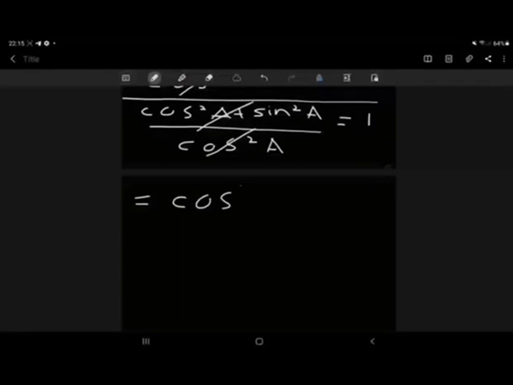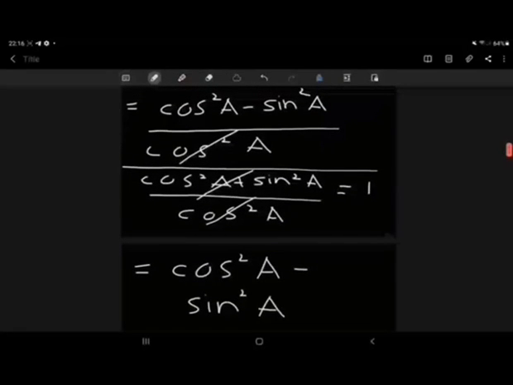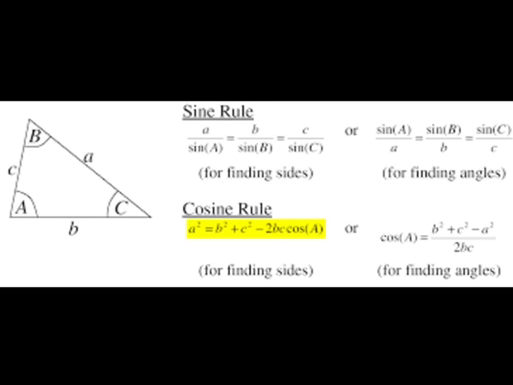And the answer for this question is cos square a minus sin square a. That's the answer.